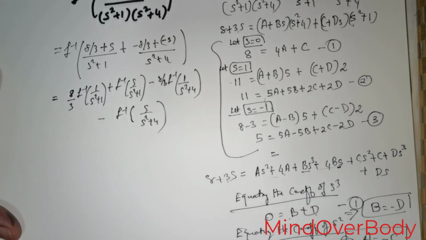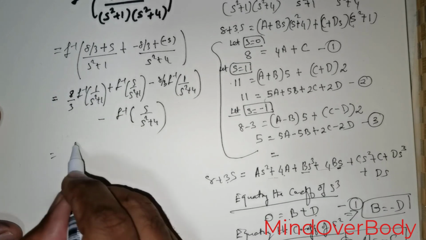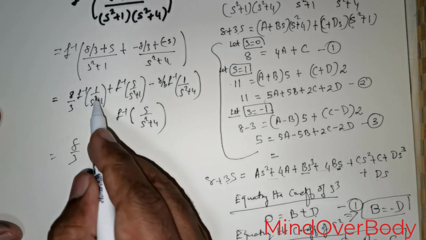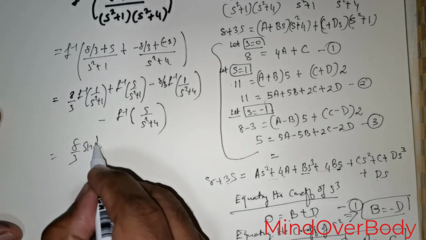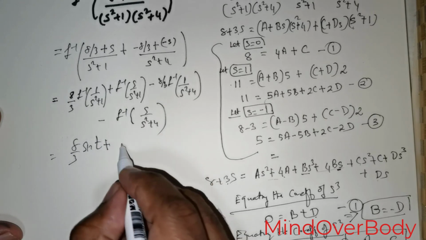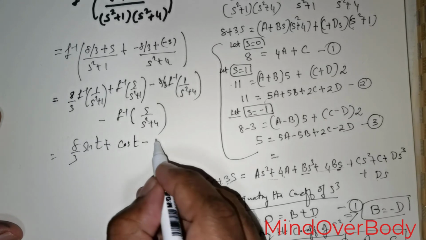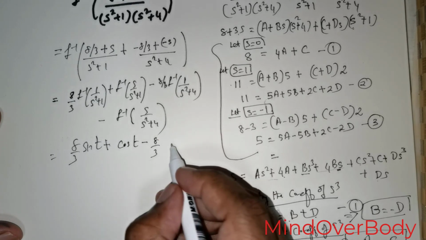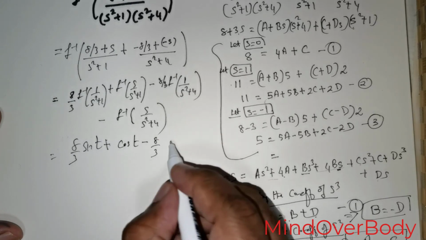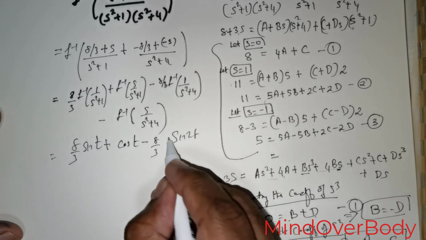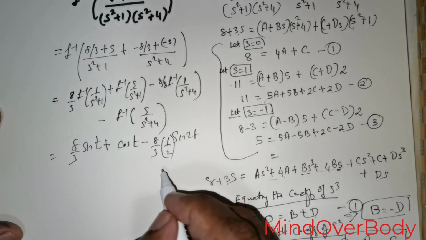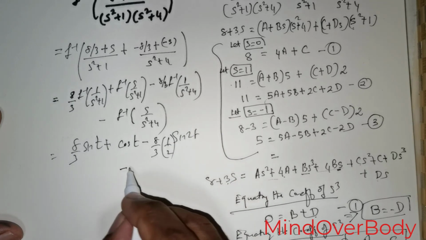So I got that. Now this is going to be 8 over 3. Laplace inverse of 1 over s squared positive 1 will give me sine t. This is going to give me cos t. This is going to give me, it's 2 squared there, right? So sine 2t times 1 over 2, that's what it will produce.